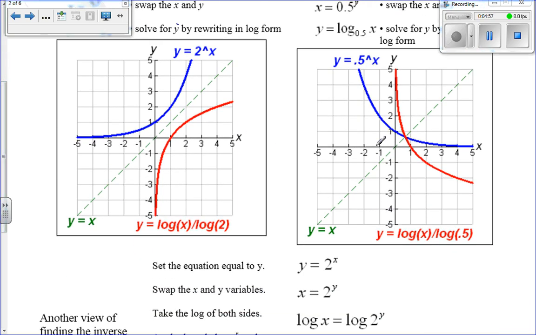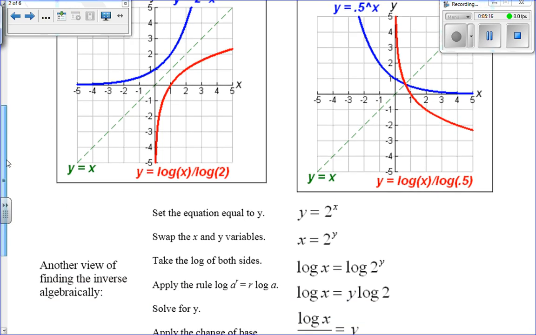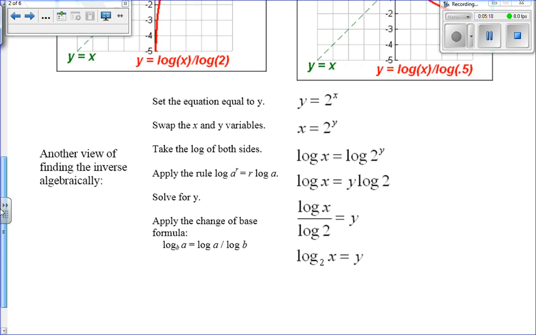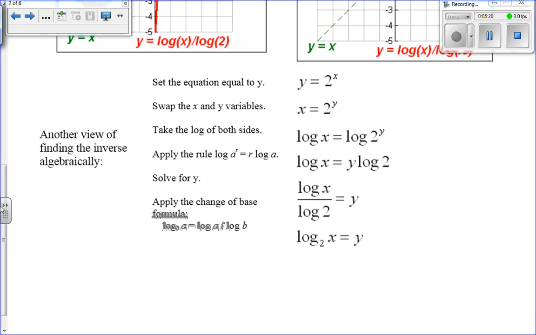But again, if you fold this on this line y equals x, the red will then become the blue over here, and this red will then become the 3 over here. Remember, when we have a fraction, our graph is decreasing. And here just shows us another way of solving this algebraically. We're not going to get to that for a couple of days, but we will eventually get there as well.